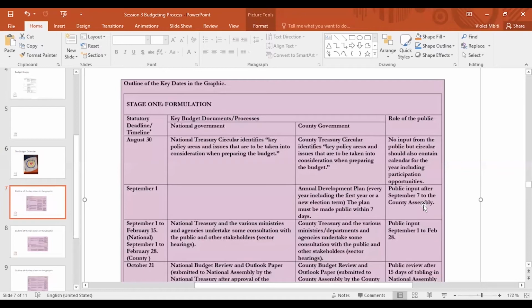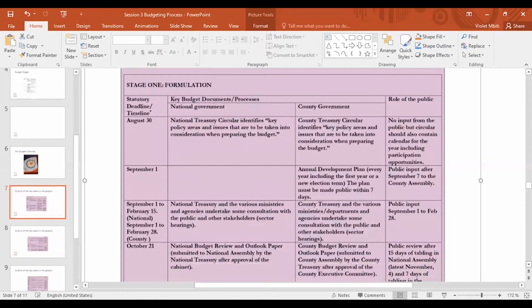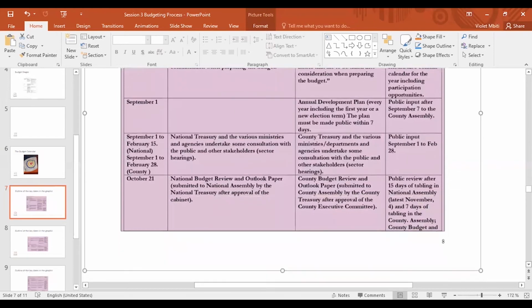That is why you usually find that public participation on the annual development plan takes place during the first week of September. That is when members of the public are going to state what they would like to see in the coming financial year. So September 1st to February 15th.